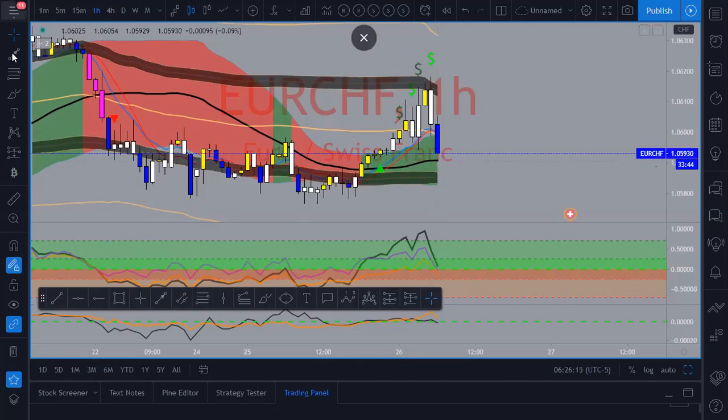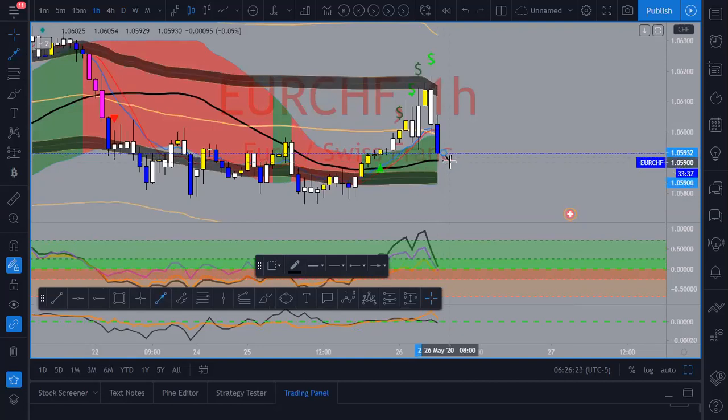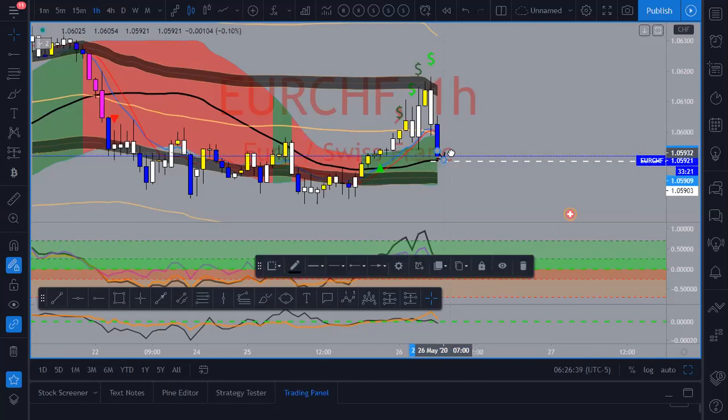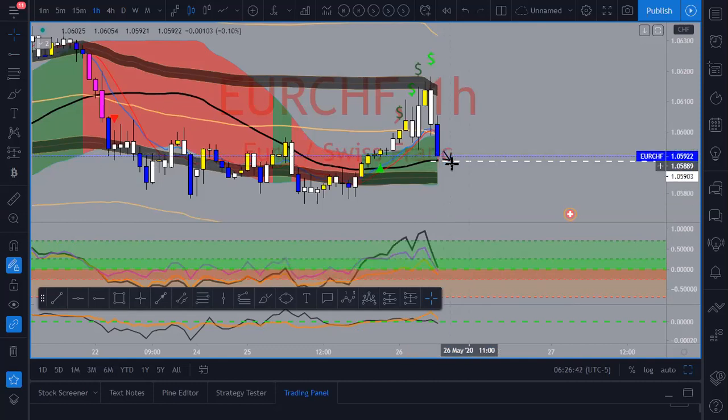What I would like to see price do is come a little lower and respect the RSI line, which is at 1.05900. I'll go ahead and label that so that those who aren't using arbitrage can still identify on their own charts what I'm talking about.